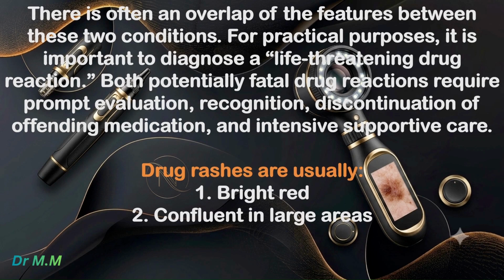For practical purposes, it is important to diagnose a life-threatening drug reaction. Both potentially fatal drug reactions require prompt evaluation, recognition, discontinuation of offending medication, and intensive supportive care. Drug rashes are usually 1. Bright red. 2. Confluent in large areas.